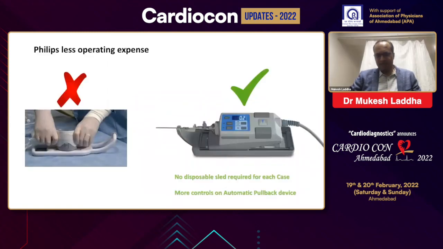And the next thing is that this Philips device doesn't require a disposable sled as and when you go for the next case, and it is mostly controlled with an automatic pullback device. You don't have to change that thing again and again when you are going for the next case, but you can use it as many times as you want.